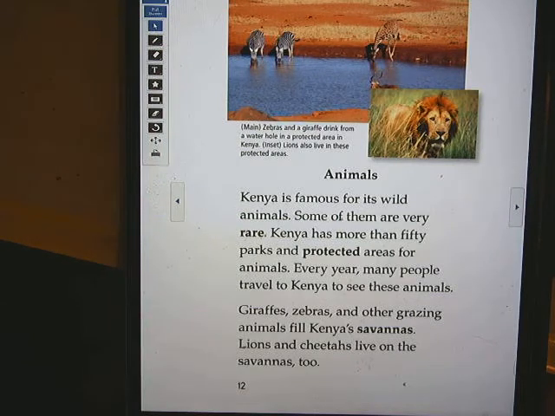These animals are rare. They're not common. So in Kenya, the government is protecting these animals, making sure that there are not people hunting them for their fur and also for their meat. They're protected. You cannot kill them. And if you do, you're going to suffer a consequence. So these are protected in parks and other areas.